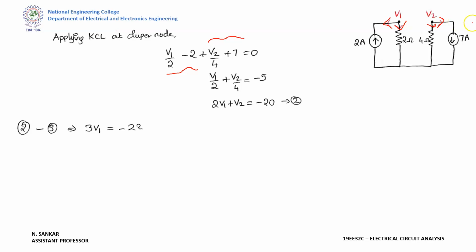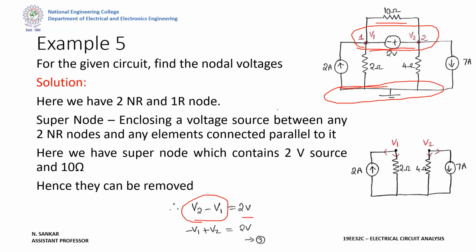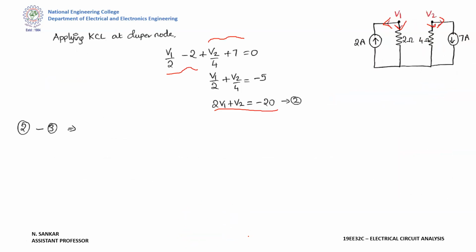Here equation 2 is nothing but 2V1 plus V2 equals -20. Similarly, equation number 3 is nothing but this one, minus V1 plus V2 is equal to 2 volt. Just subtract the equations, you will get the value of V1 as minus 22 by 3 volt.